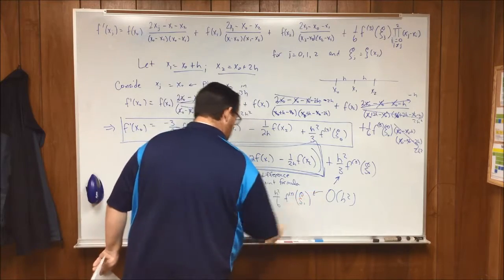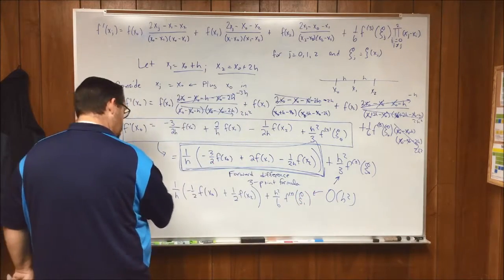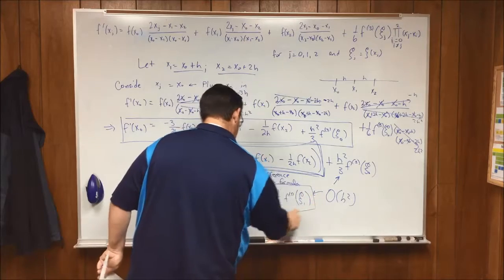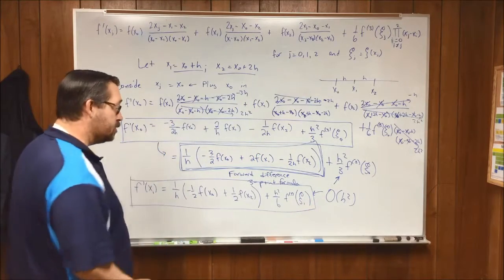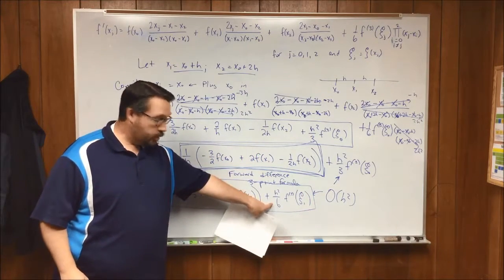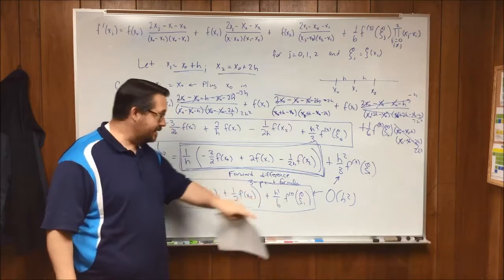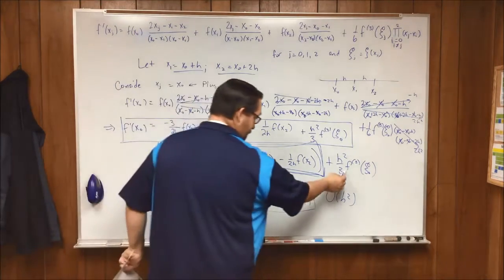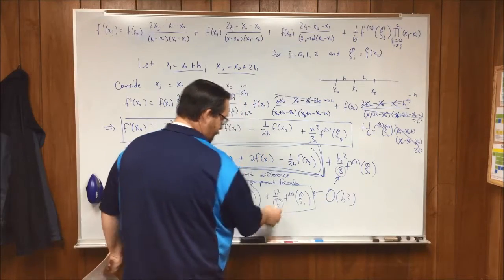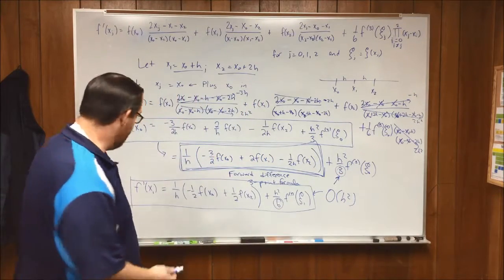So again, this is also big O of h squared and order h squared over 6, which is something to notice. We'll talk about it in just a second. This is actually half the error of the other one.